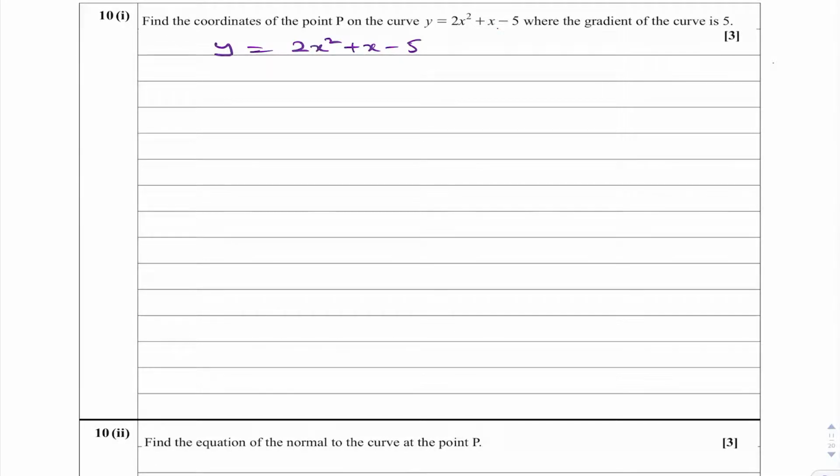The gradient, dy dx, equals 5. So I need to write this properly to help students to see this. So that will be 2x squared plus x to the power of 1 minus 5x to the power of 0. Remember, x to the power of 0 equals 1. So that's why that was 5.